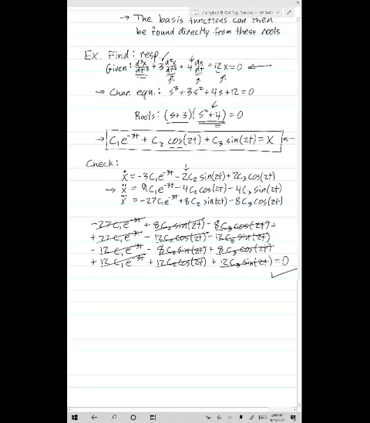You just go ahead and find those roots, and based on those roots, you develop your basis functions. And then from those basis functions, you form your general solution by forming a linear combination of those basis functions, just like we've done time and again for first order and second order LTI ODEs.